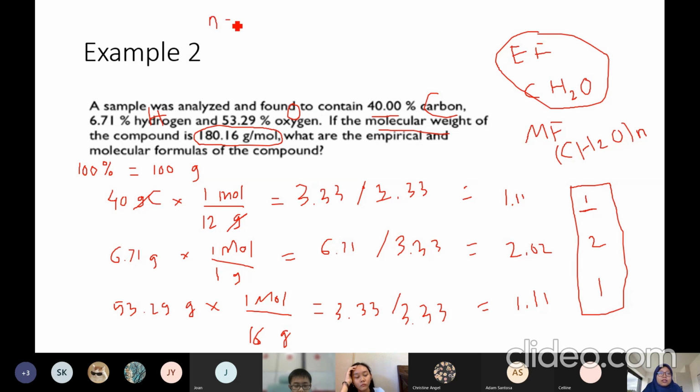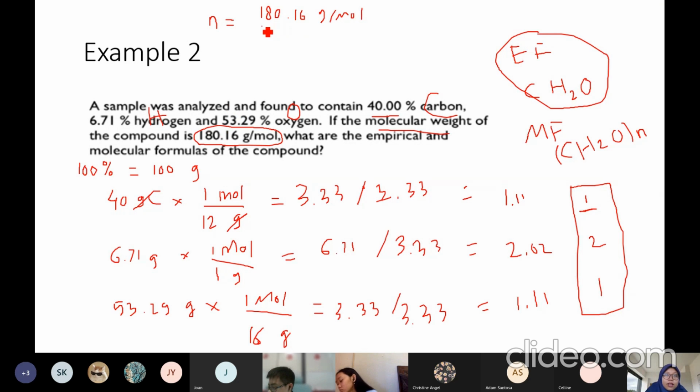How to calculate N? N equals molar mass over the relative mass of the empirical formula. What is the molar mass of the compound? 180.16 gram over mole.